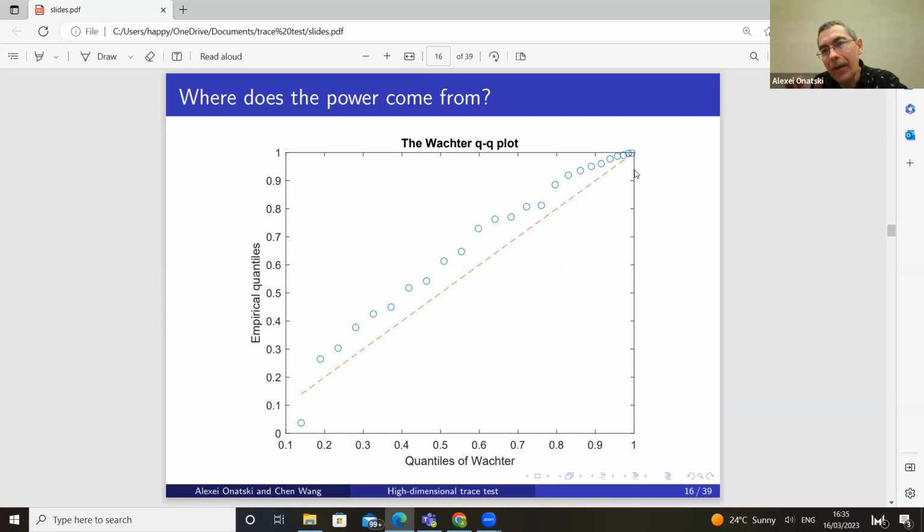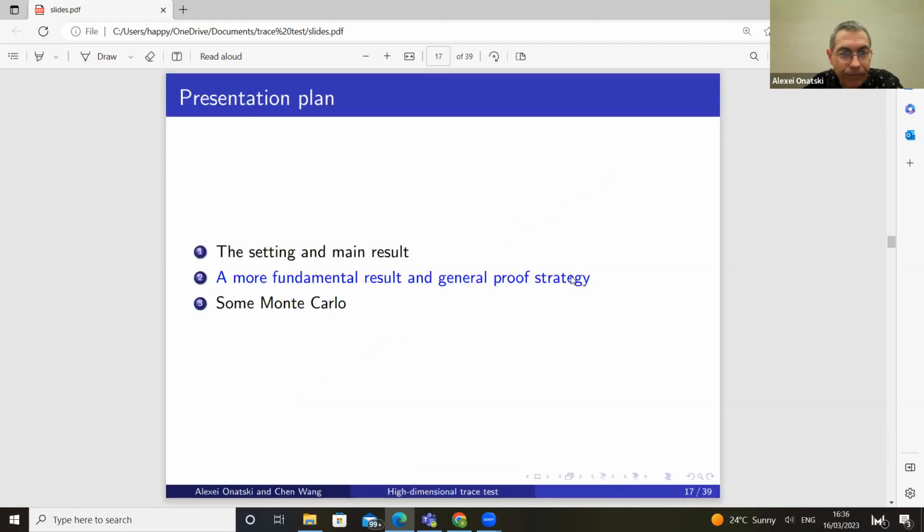So the logarithm of 1 minus eigenvalue will stretch the fluctuation of the largest eigenvalue, but it turns out not to be enough here to reject the null of no co-integration for a test which is just based on the fluctuation of the largest eigenvalue. Okay, so that's where the power comes from.